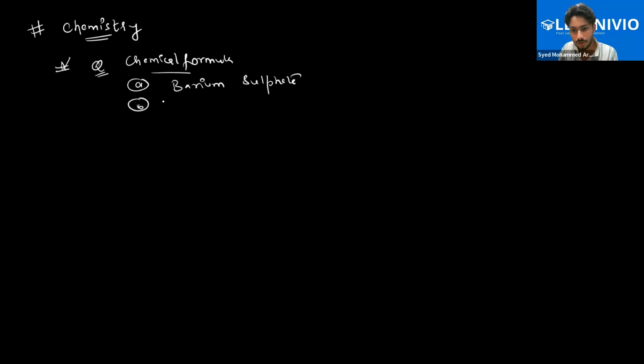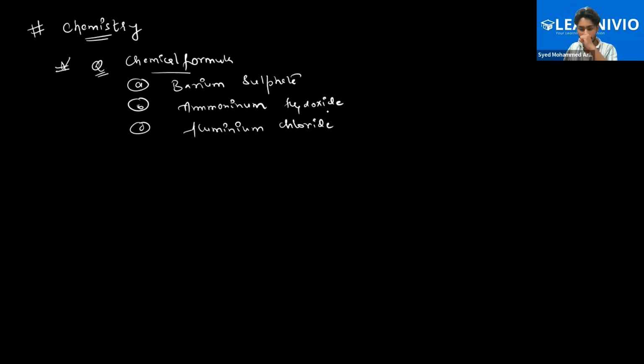The second one would be ammonium hydroxide, and the third one would be aluminium chloride. Can you tell me the chemical formula of these, aluminium hydroxide and aluminium chloride and barium oxide? Just basic questions so that it will be easy for me to know how much you know, and then I'll teach you from that level.